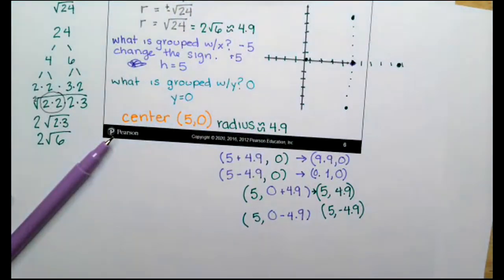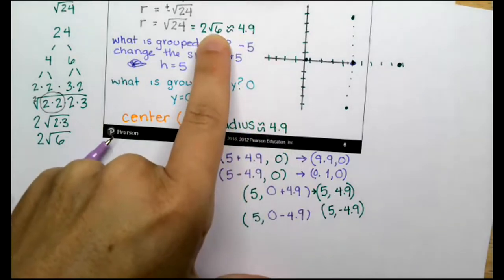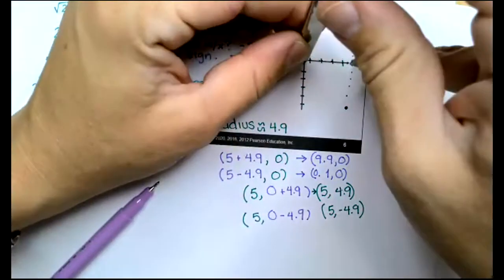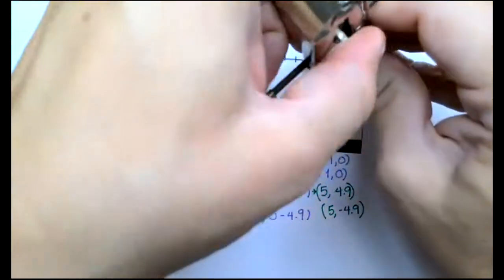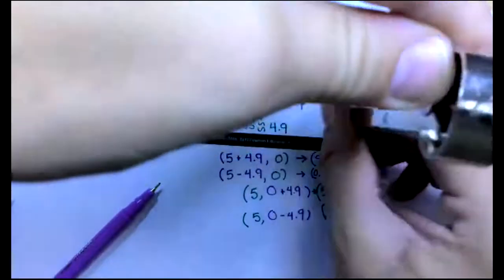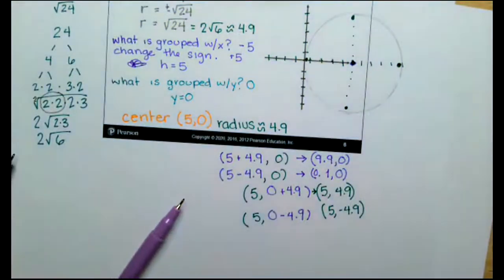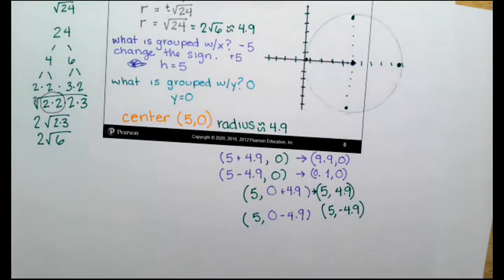So even if you don't have a whole number, even if you have something like 2 square root of 6, put it in your calculator. It should help you know where to put the intercepts of your circle.